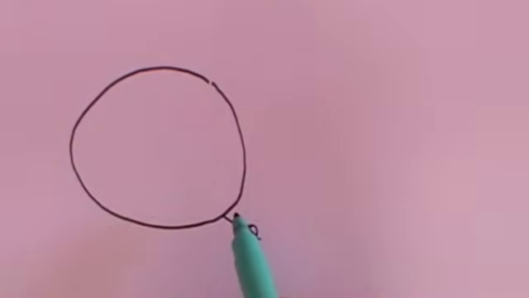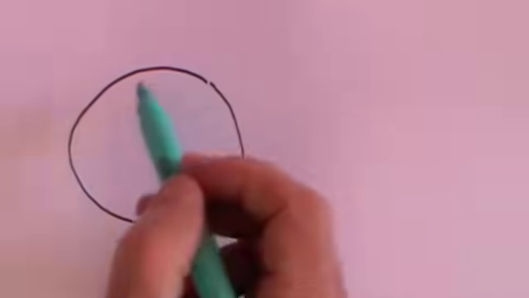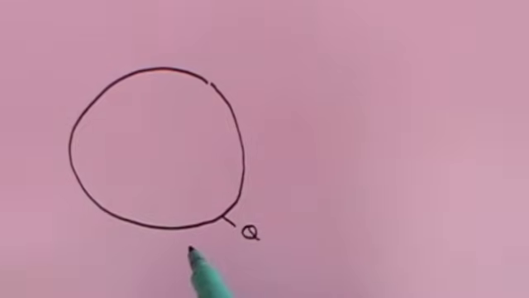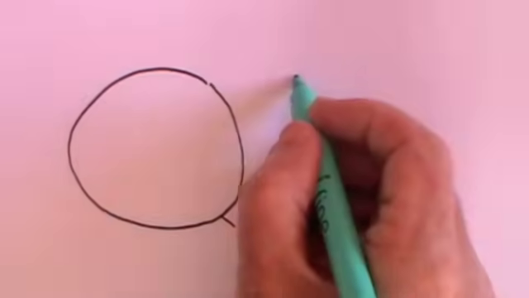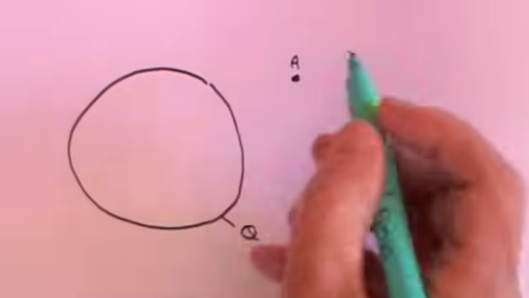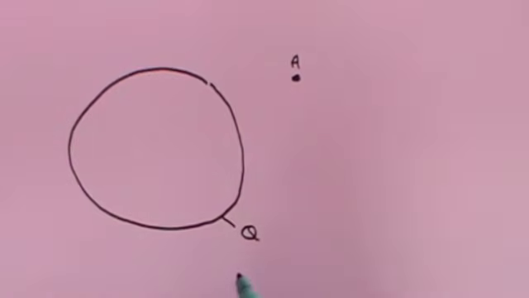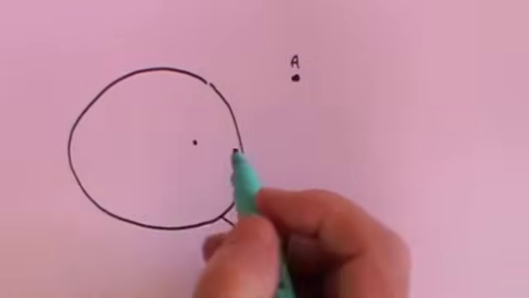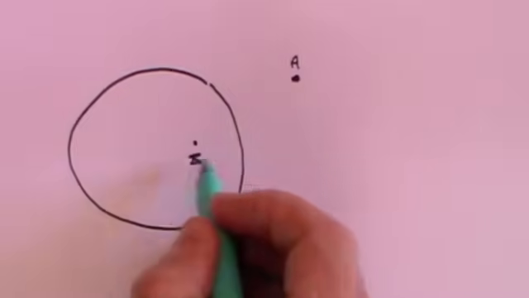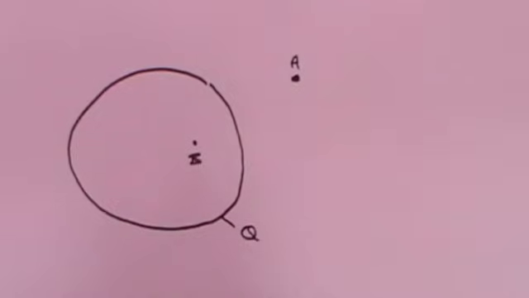All this positive charge will be repelling itself, so it will try to get equidistant from all the other charges, so that there is no potential to move. And what I want to know is, what is the electric field at a point A outside the sphere, and what is the electric field at a point B inside the sphere?